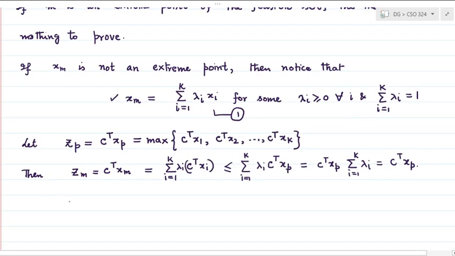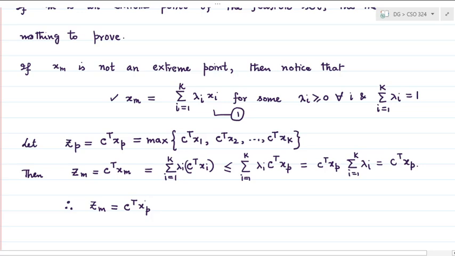And when can it be possible? It will be possible only for Zm equal to C transpose xp, because Zm cannot be strictly less than C transpose xp, because Zm is the maximum most value. It cannot be lesser than the function's value at any other point in the feasible set. Therefore Zm must be precisely equal to C transpose xp, and xp is an extreme point.